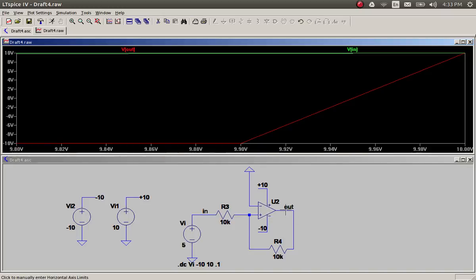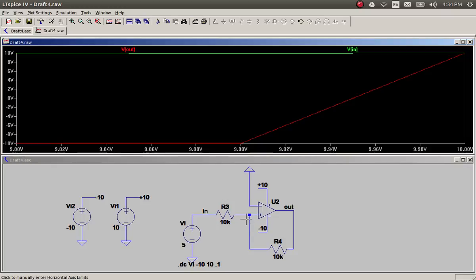So if my output is minus 10 volts, then there's a theory of superposition. You can set one voltage source to 0 and think of what happens because of the other voltage source. So if I set this to minus 10 volts, the resistor divider will make this minus 5 volts. If I set this to plus 10 volts, it will divide it to plus 5 volts, so they'll add up to 0.